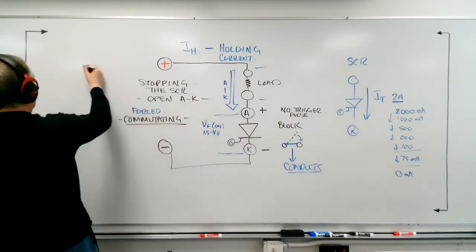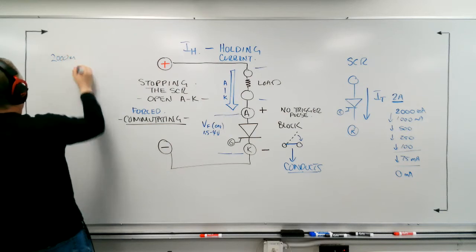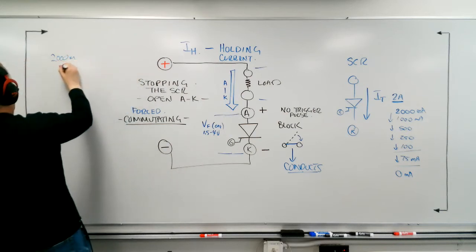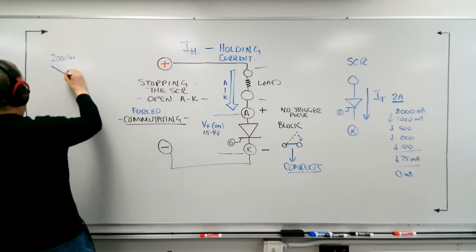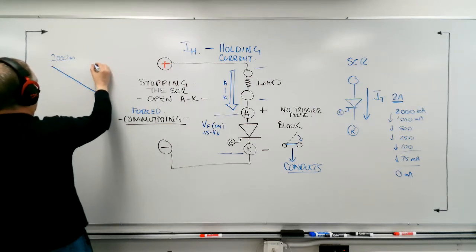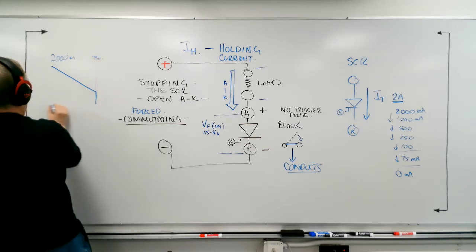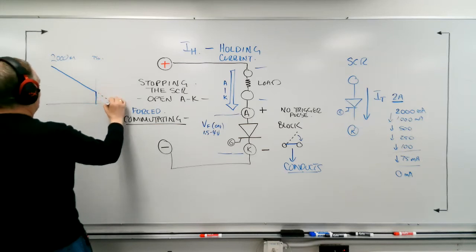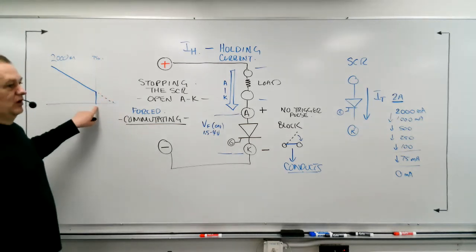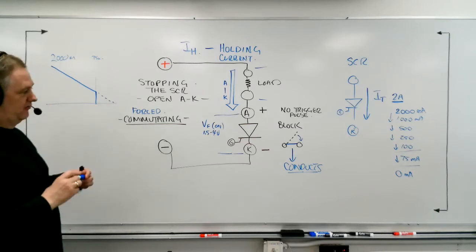If we were watching the current, and I'm just going to graph it, if this is 2,000 milliamps and it comes down like this, and if this was 75 milliamps right here, all of a sudden the current would go like this. It doesn't continue on this line. This point is where we reach our holding current level. Bang, it just shuts off, immediately goes to 0.